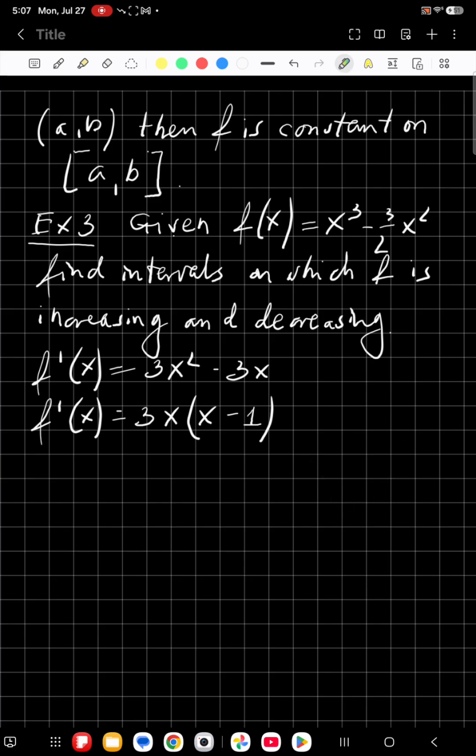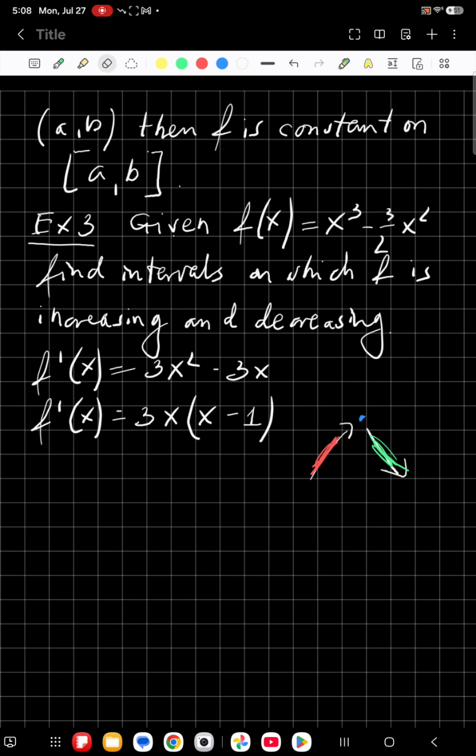Once we have those points, we'll find this point, and then we'll figure out what's happening to the left of that point, and to the right.